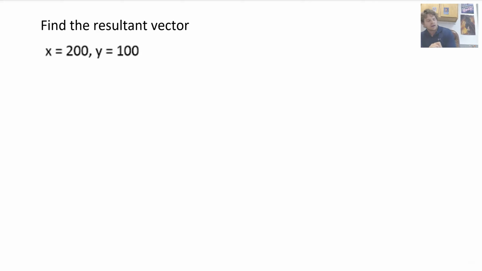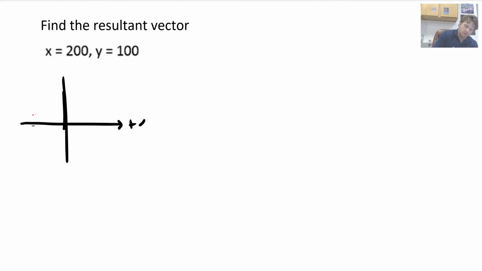So think about a coordinate system, right? If I have coordinate axes, I've got positive x's going this way, positive y's going up, negative x's to the left, and negative y's going down. We're going to use that exact same thought process when we're doing all of our vector stuff.